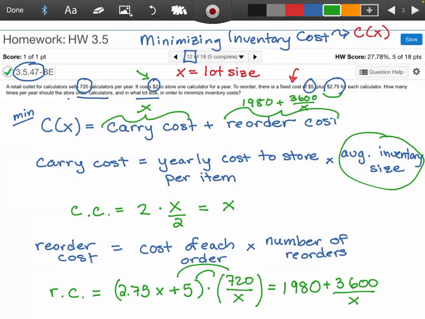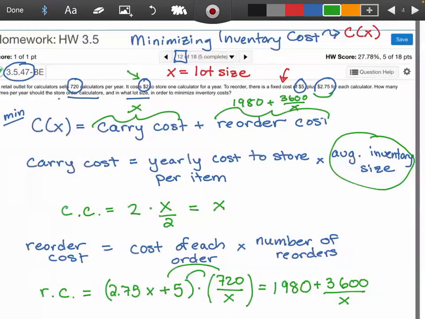All right, let's put all of this together. I mean, I already have it, just let's write it a little bit neater. Okay, so we have C of X equals the carry cost plus the reorder cost. So that was just X plus 1980 plus 3,600 over X. All right, looks good.